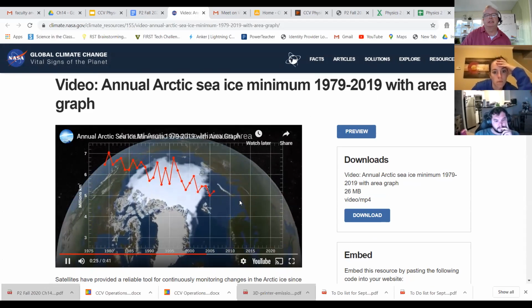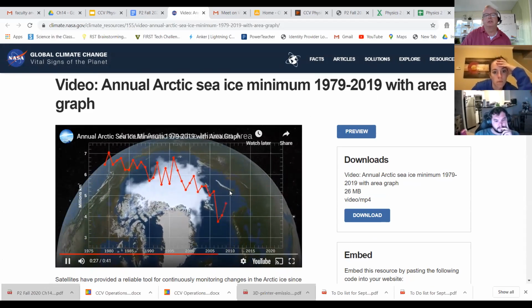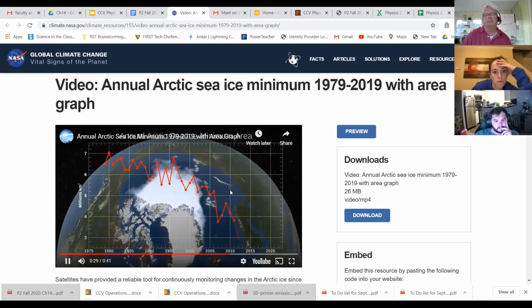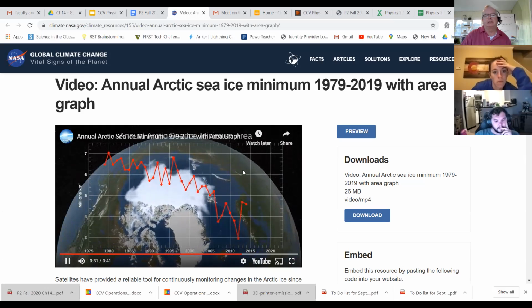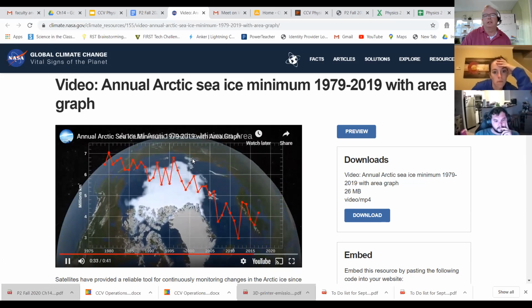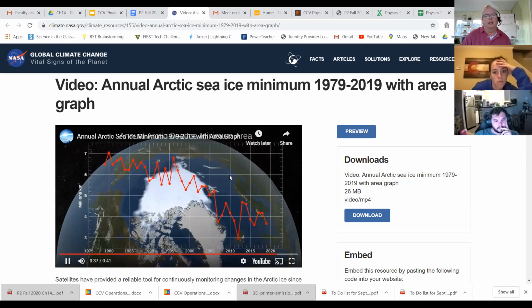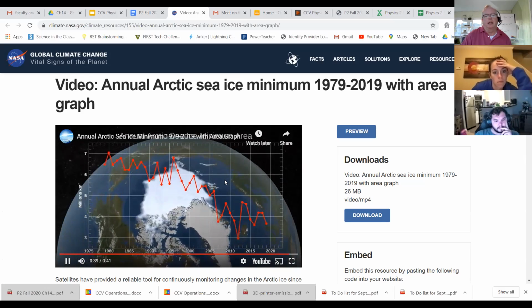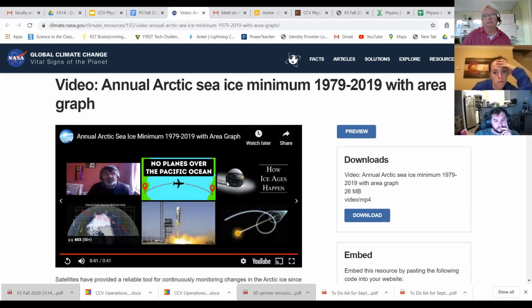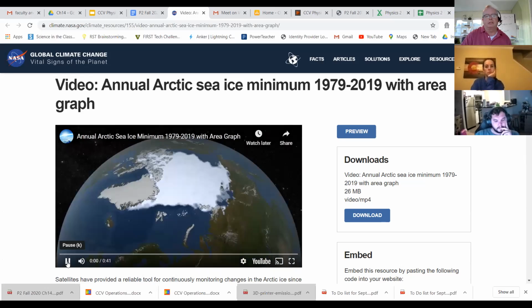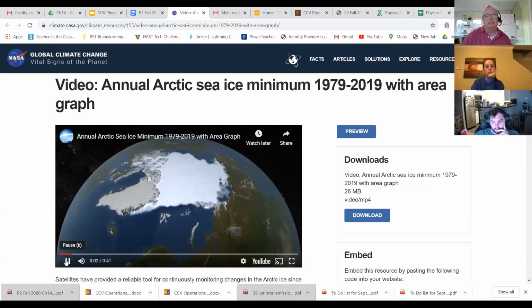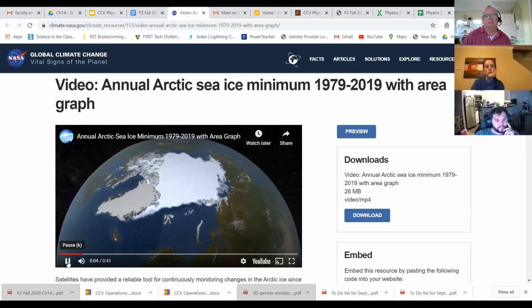The interesting thing to see is you can also see some glaciers here in the northern part of Russia. And I'm just going to pause this for a second after the graph comes up.